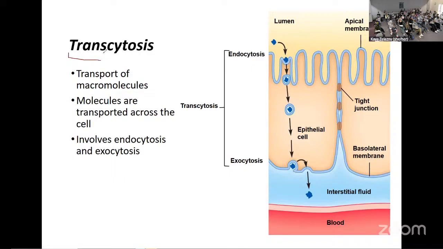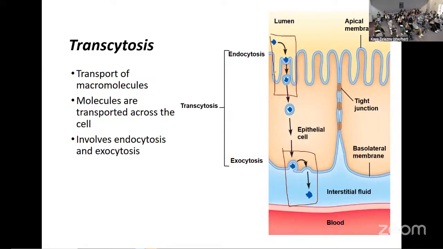So trans means across, opposite the cell. We went all the way across the cell, to the opposite side of the cell. Now, this basically involves doing endocytosis on one end and then exocytosis on the other end of the cell.